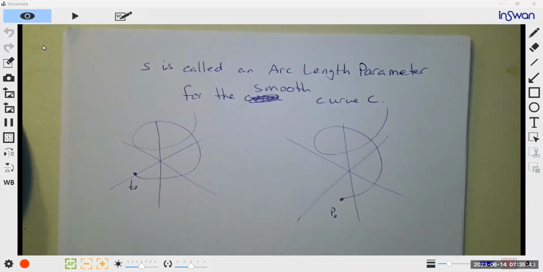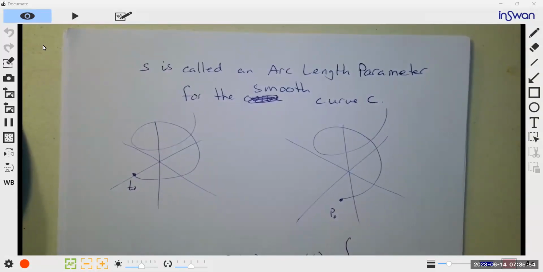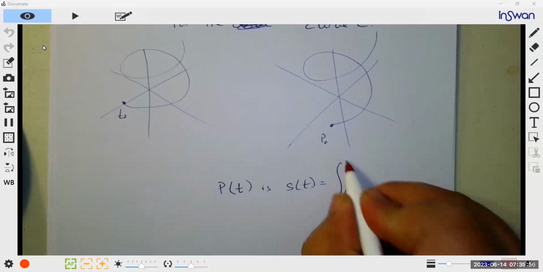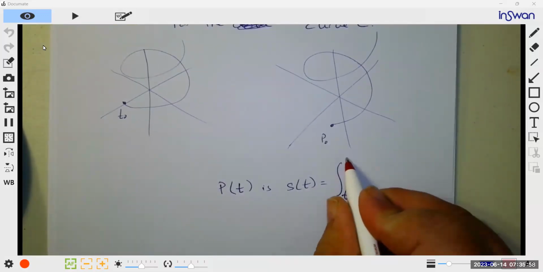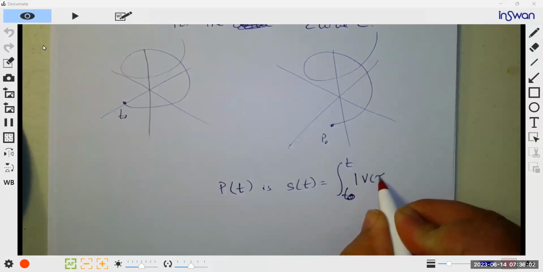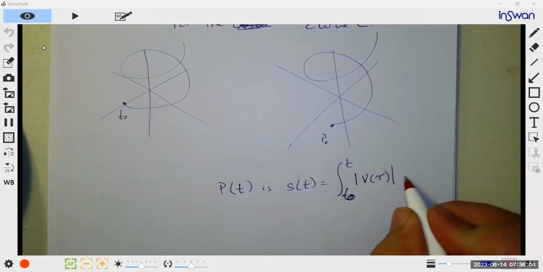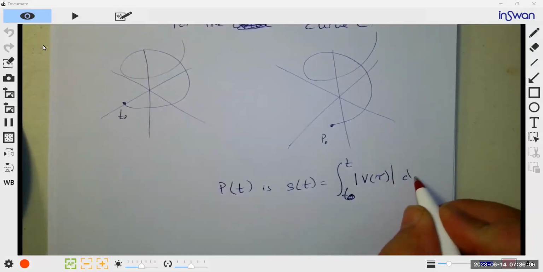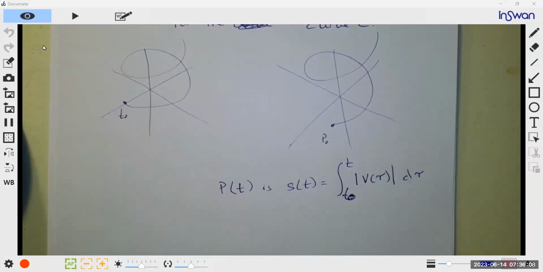So for some P, s of t is the integral from t sub 0 to t of the magnitude of the velocity with respect to some value tau.